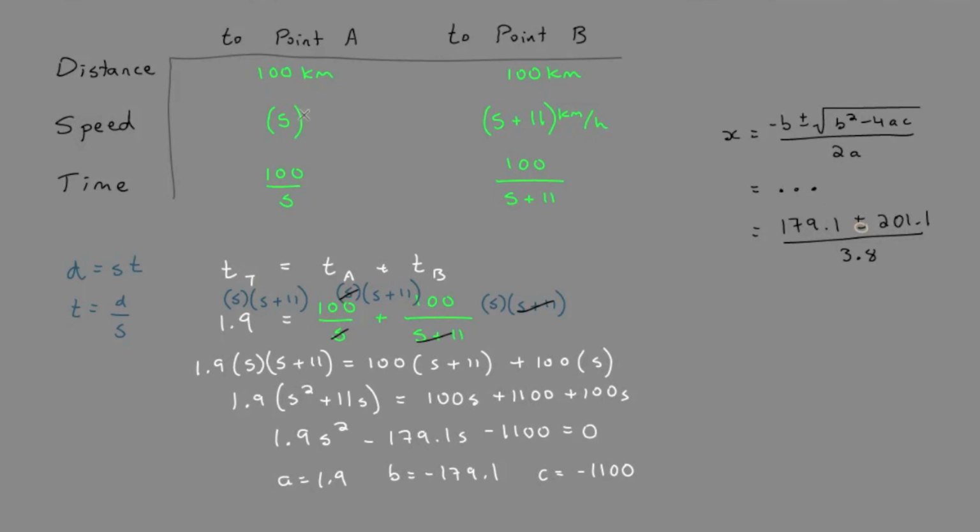If x, or really s, just solving for our variable s, if s is speed, it doesn't really make sense to have a negative speed here, because we're just talking about one direction. So we'll get rid of that. So we really just used the plus. So evaluating this, we should get 100 kilometers per hour.